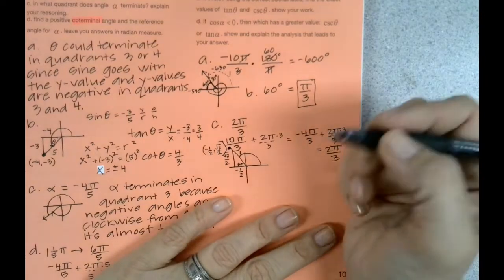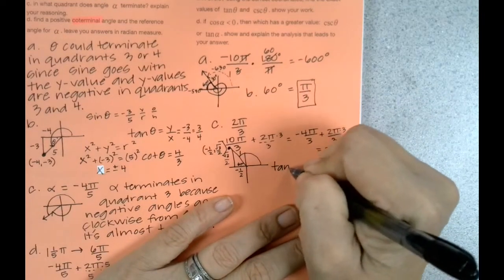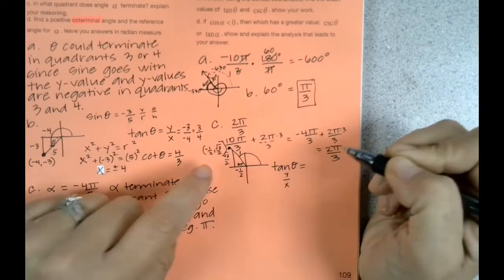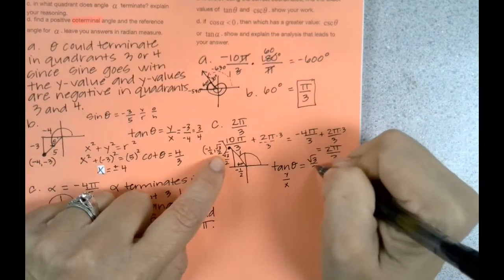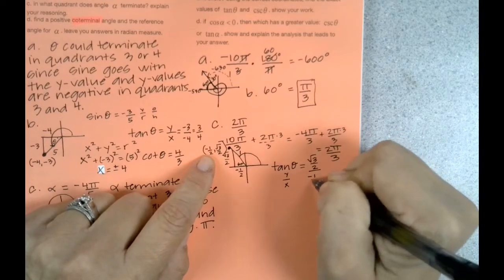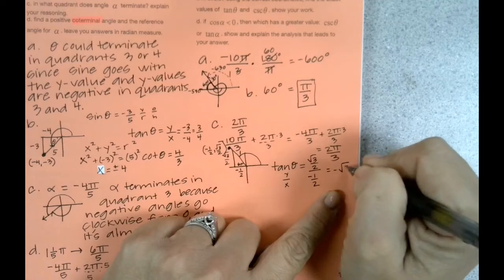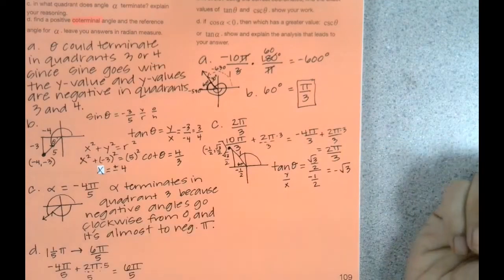And so it wants us to find tangent theta, which is going to be y over x. So the y coordinate over the x coordinate. We're going to copy dot flip, and this is going to simplify to negative root 3.